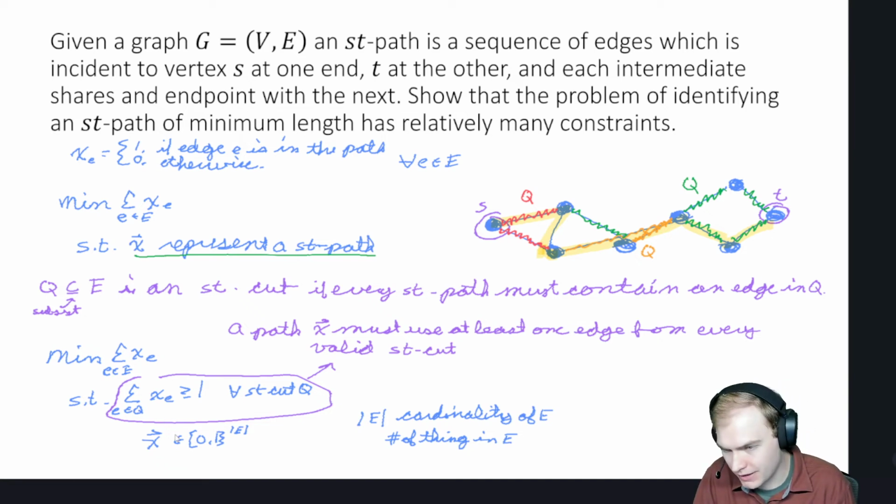In other words, our vector has length cardinality of E, and each entry in that vector needs to be either 0 or 1.